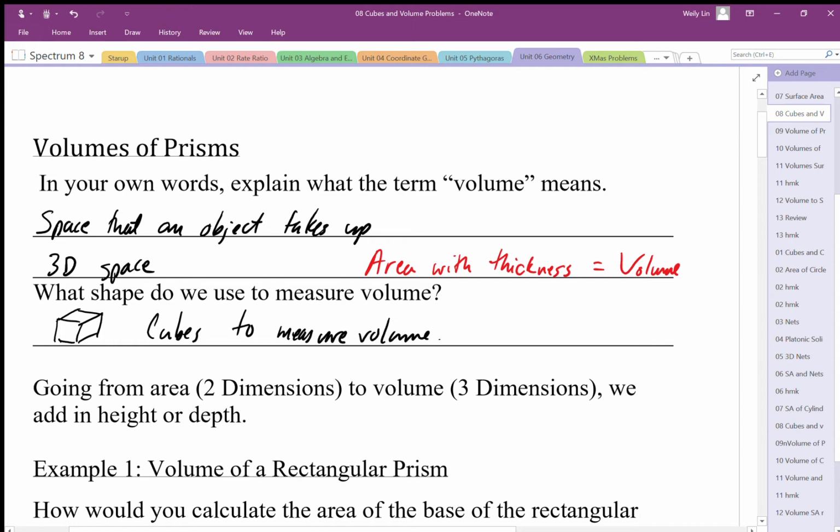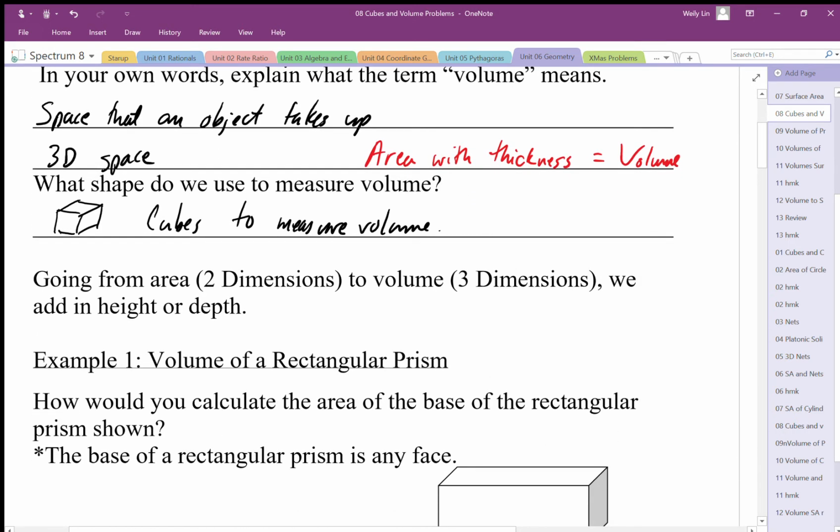So when we go from 2 dimensions, area, to 3 dimensions, volume, we are just adding in height or depth. And for that matter, we can go backwards. In the 0 dimension, we have a dot. 1 dimension is a line. 2 dimensions, we extend those lines at 90 degrees, and we get area.